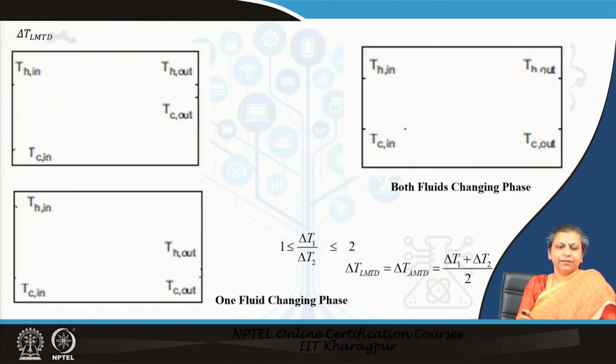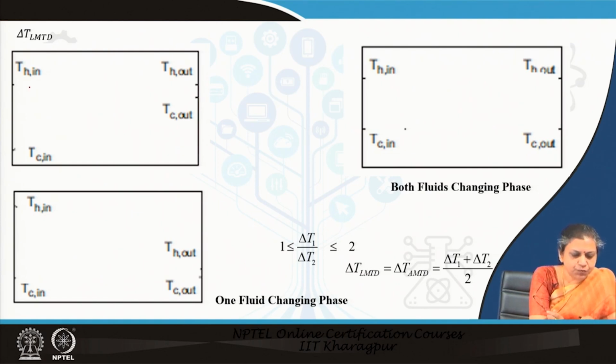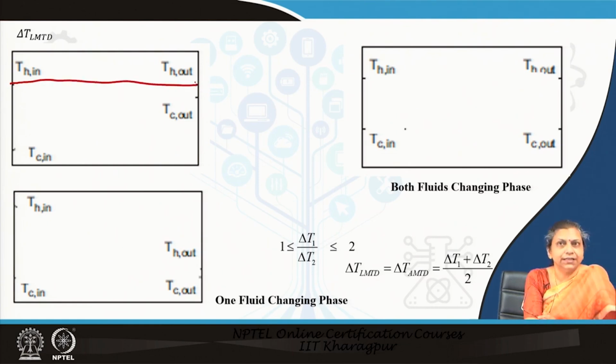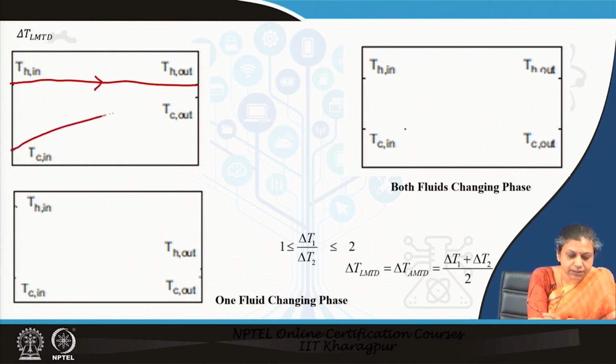There are certain other cases where it hardly matters if we have a co-current or a counter current arrangement. Can you tell me what? Say in this particular case, there is one particular fluid, say the hotter fluid, which does not change its temperature. In other words, it changes phase and gives out heat in order to heat the cooler fluid.